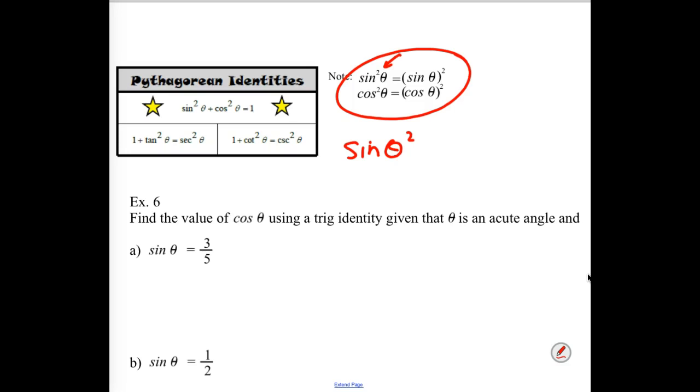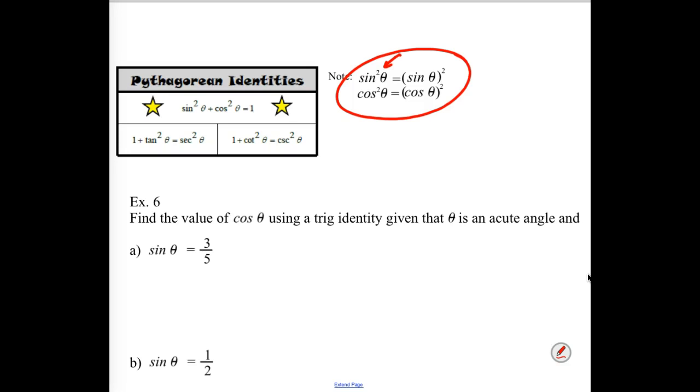Does that make sense? So we typically move that square symbol ahead of the theta so we don't have to deal with the parentheses. So sine squared plus cosine squared equals 1. If you can memorize that one, you actually can create the other two.